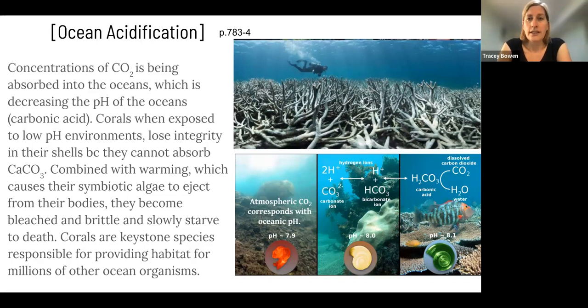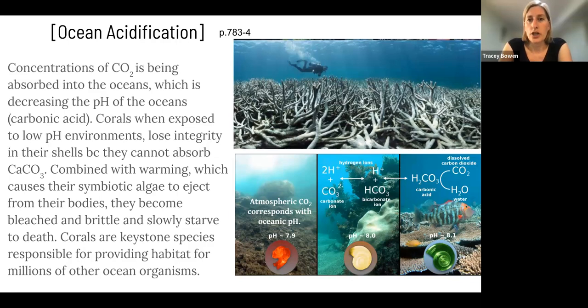Further to that, combine for corals warming of the oceans. Corals live very close to the surface of the ocean because they need sunlight to be able to photosynthesize. Coral works with a photosynthetic symbiotic algae that lives in their bodies, and that gives the coral food through photosynthesis. And the coral skeletal structure gives the algae a place to live.